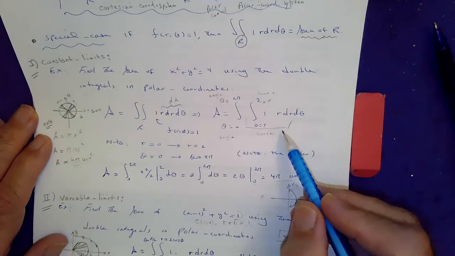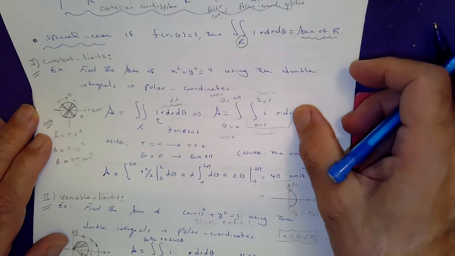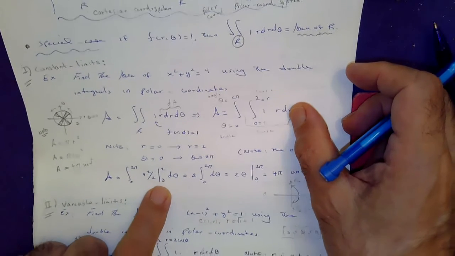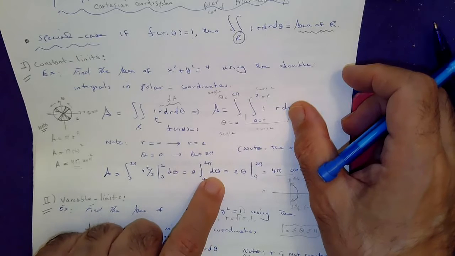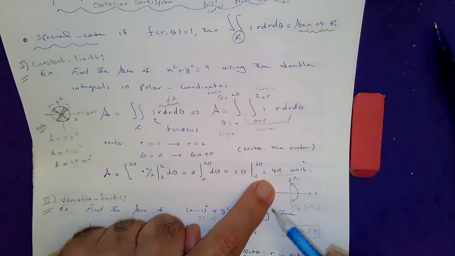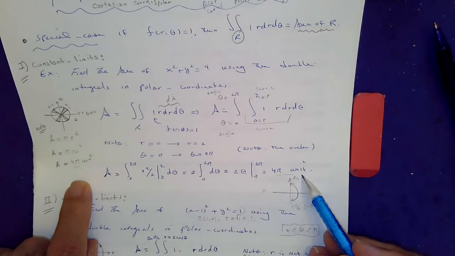When you do this, first you take the integral with respect to r, don't worry about the d theta. So that would give you r squared over 2. Evaluate r between 0 and 2, you get 2. Then integrate d theta, you get theta. Evaluate theta between 0 and 2 pi, and what do you know? You get 4 pi units squared, which we already knew ahead of time.